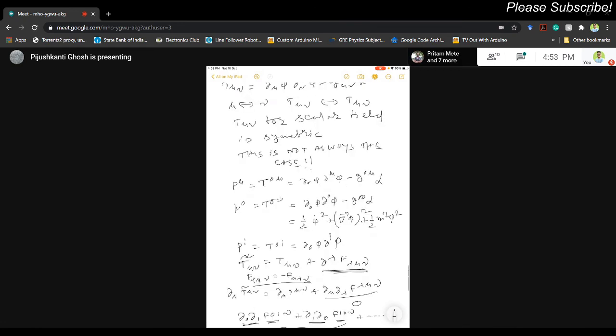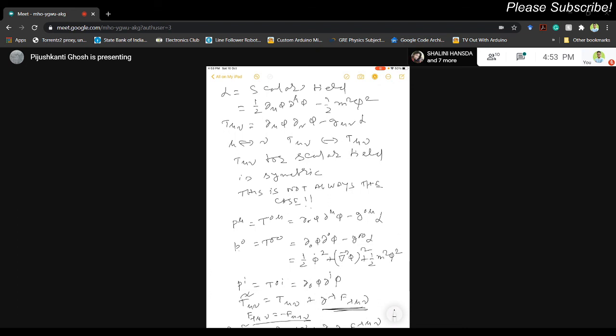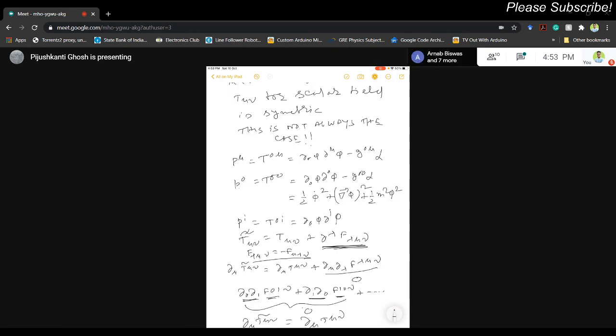So again, summarizing in one sentence, if T mu nu is not symmetric, we can add a generic term of this form, the divergence of a rank 3 tensor which is antisymmetric in its first two indices, and then we can show that the physical data remain unchanged. But the advantage is that by adding this term, we make this new energy momentum tensor symmetric with respect to mu and nu. That's the statement.